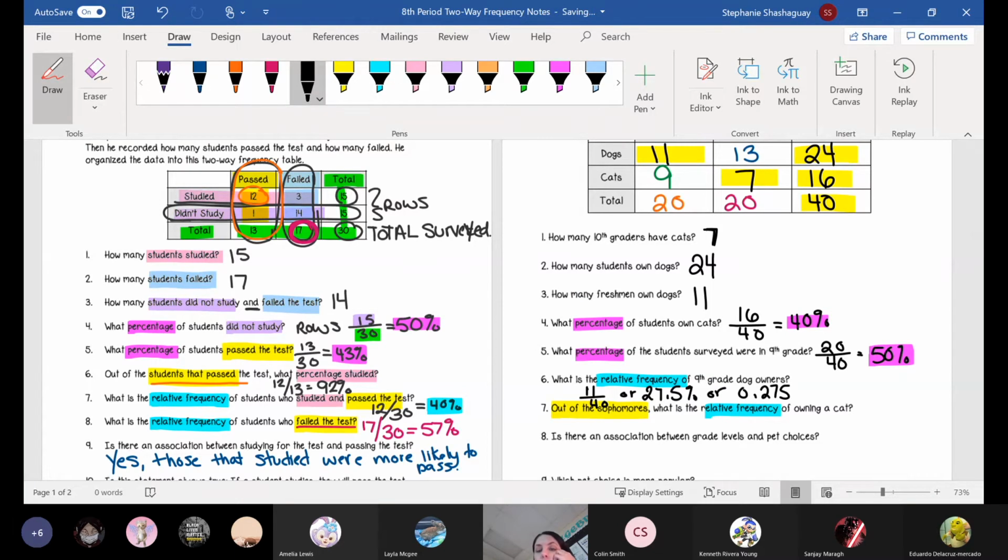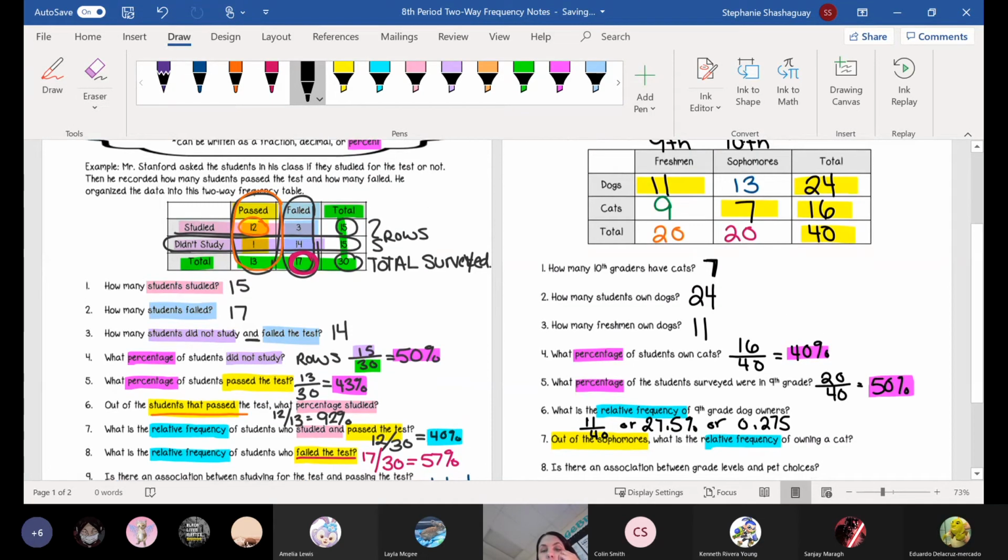So of the sophomores, which is 10th grade, that's going to be 7 out of 20, or 35%, or 0.35. So in number 7, we're only looking at this column right here.